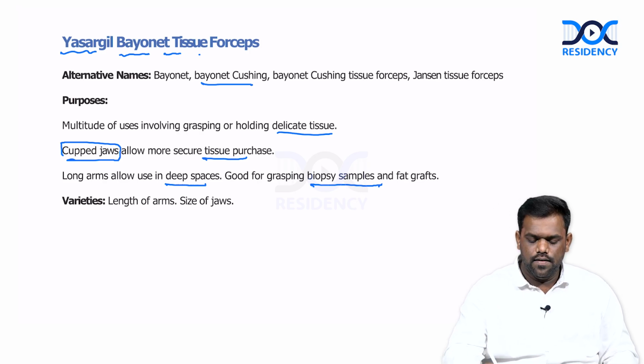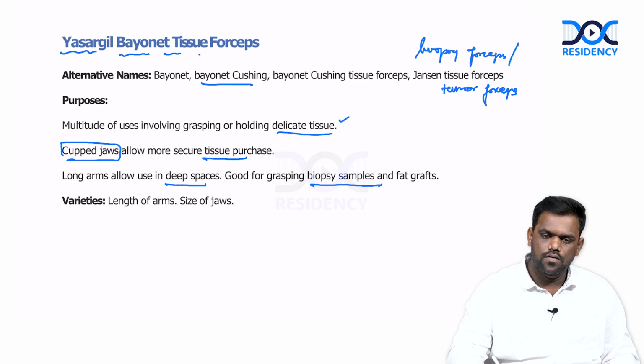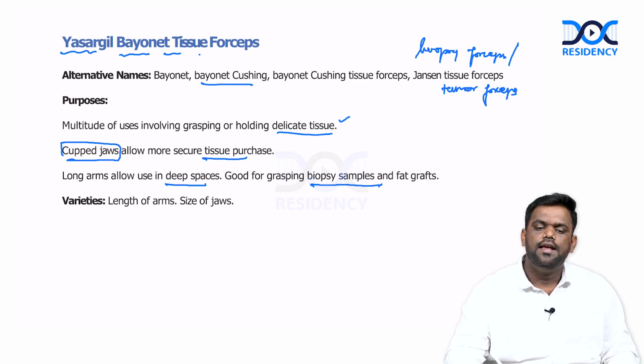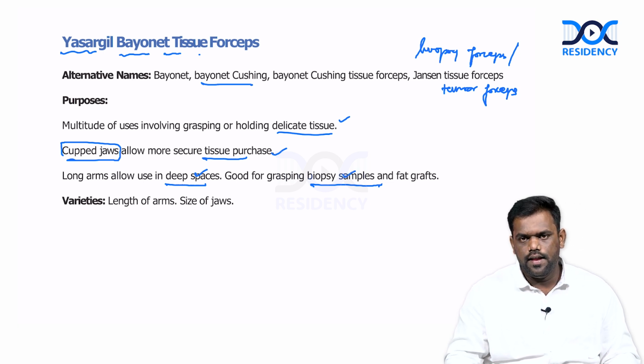In colloquial terms we can also call it biopsy forceps, or tumor forceps. It is used to grasp or hold delicate structures. Cupped jaws have a very good secure tissue purchase. It can also be used in deep spaces, it can grasp biopsy samples, and is available in various lengths.